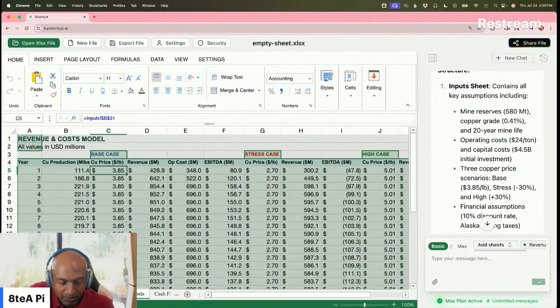The first problem is that this number is too small. Let us go back and tell the model the current price of copper is 590 per pound.